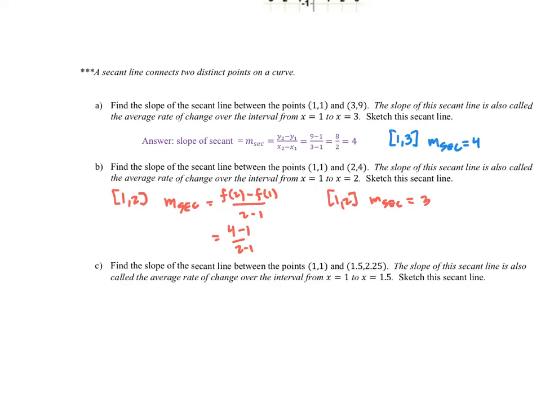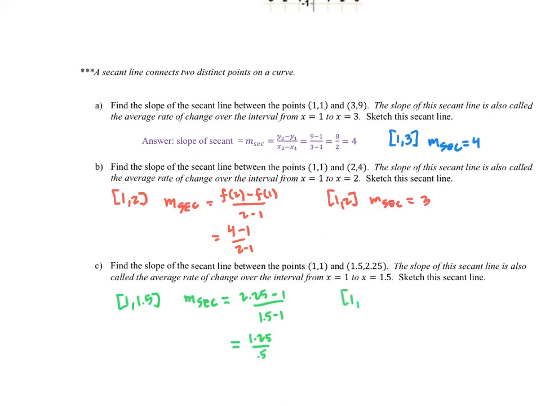Okay, let's do it again. Let's bring that point even closer. So now we're going to utilize the points (1, 1) and (1.5, 2.25). So the slope of the secant line on the interval from 1 to 1.5 will equal f of 1.5, which is 2.25, minus f of 1, which is 1, over 1.5 minus 1, which will equal 1 1/4 over a half.